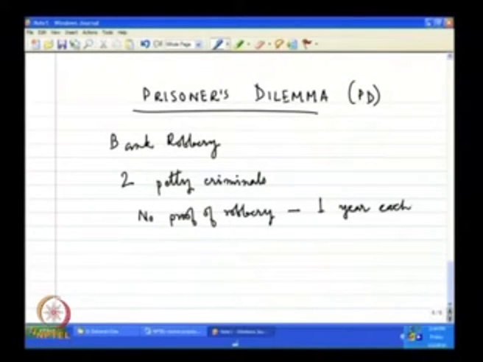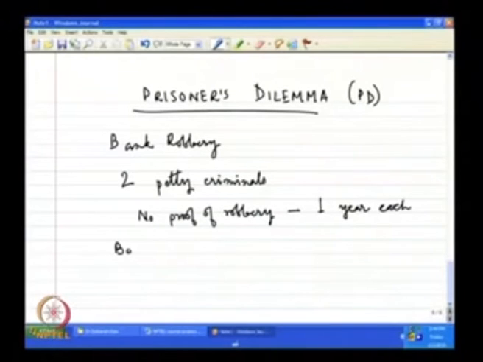So this is the case when the people are not confessing. They are saying that we have not committed the crime, and the police cannot prove that they have committed this big crime. Second case, let us say both of them say that we have committed this crime, we have robbed the bank.